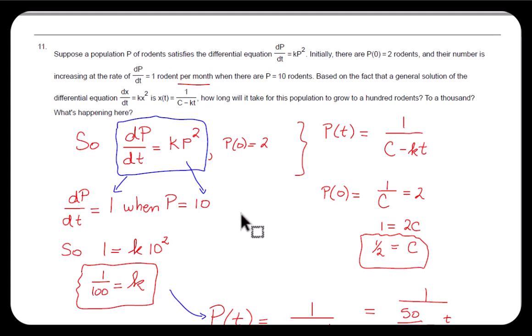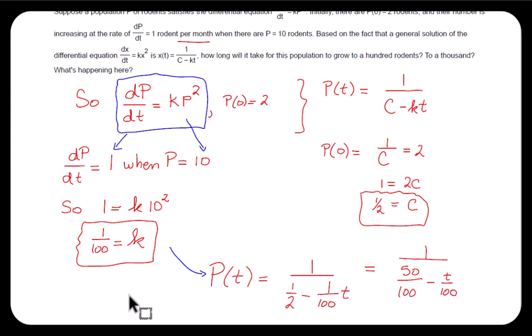Okay. So let's see, what else do I know? Well, we know that the rate of change is 1 when p is 10. Okay, so p is 10, so I've got 10 squared here. All right, and 10 squared is 100, so k is 1 over 100. So if I fill in, what do I know?